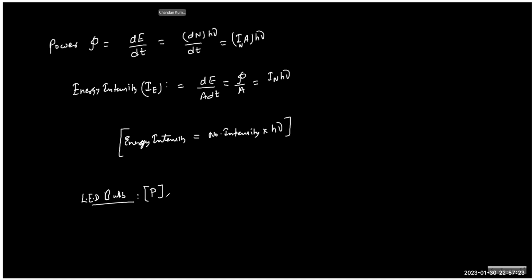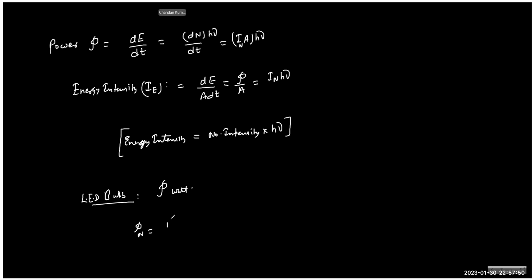So if I say the power of LED bulb is P watt, that means it's energy, because P joule per second, right? Yes, sir. So what is the photon P_n?